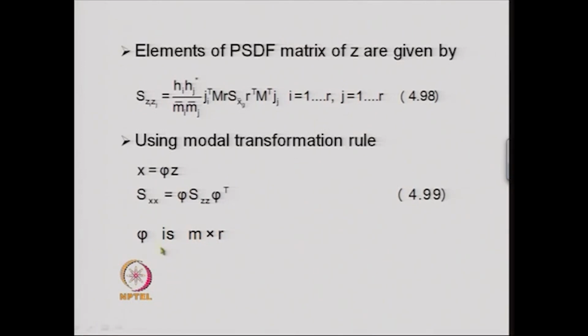So, in that case the phi matrix will be m into R, where m is the number of degrees of freedom and R is the number of mode shapes that are considered. Using this truncated mode shape matrix, one can obtain the power spectral density function of the responses in structural coordinate by considering not all modes, but only a limited number of modes.